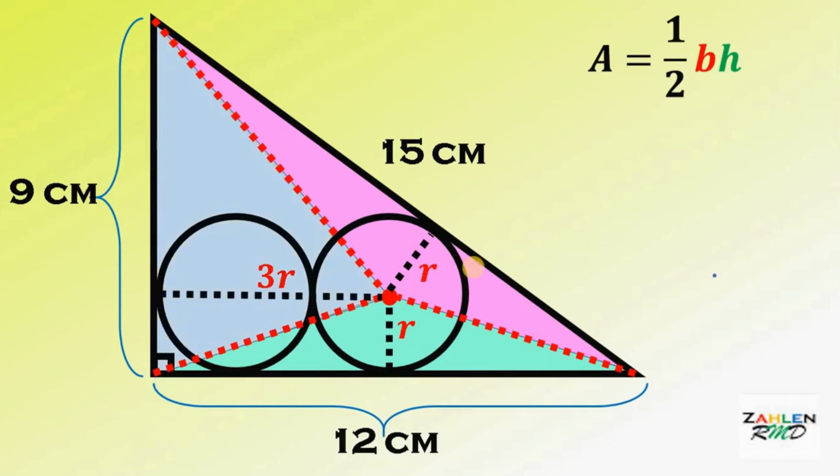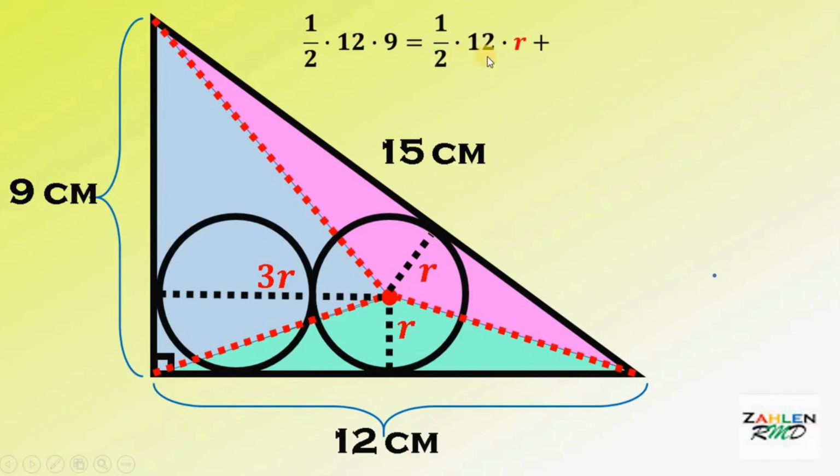Now, the combined area of these three triangles is equal to the area of the big right triangle. Now, it follows that 1/2 times 12 times 9, or simply the area of the big right triangle, where 12 is the base and 9 is the height, is equal to 1/2 times 12 times r, plus the area of this purple triangle, we have 1/2 times 15 as the base times r as the height, plus the area of this blue triangle, we have 1/2 times 9 as the base times 3r as the height of this triangle.